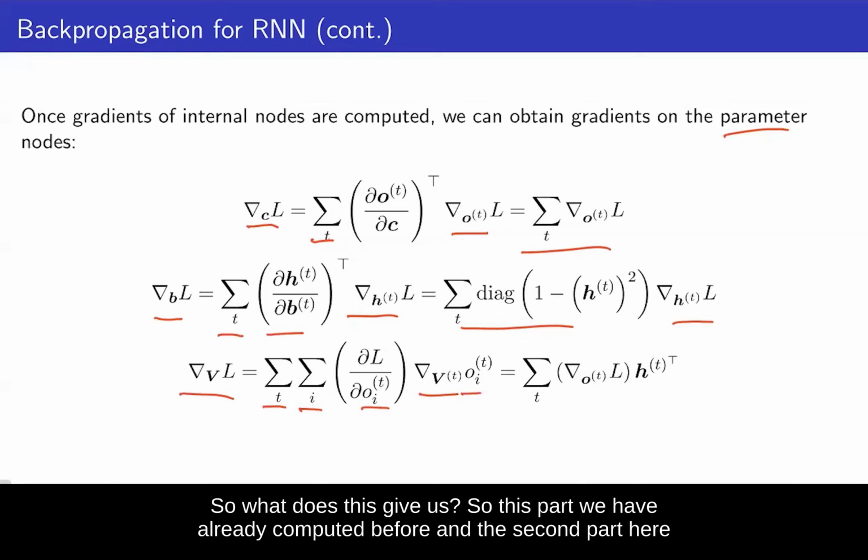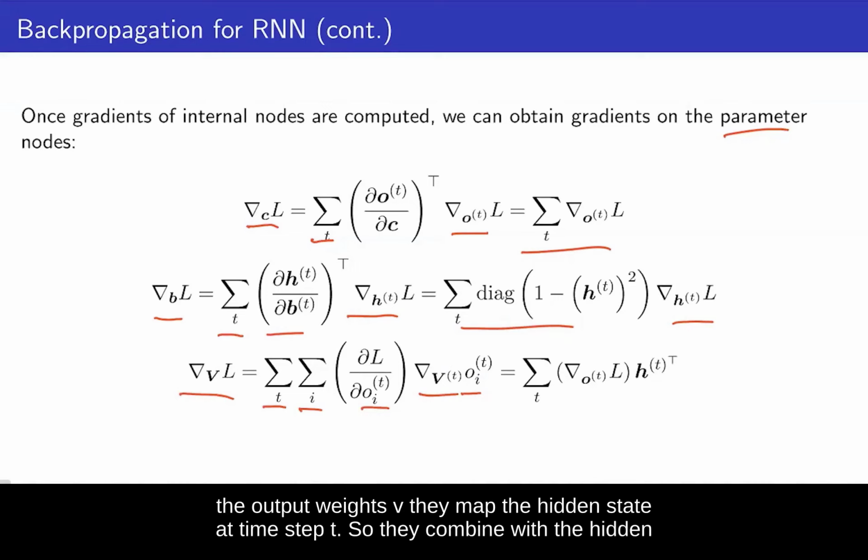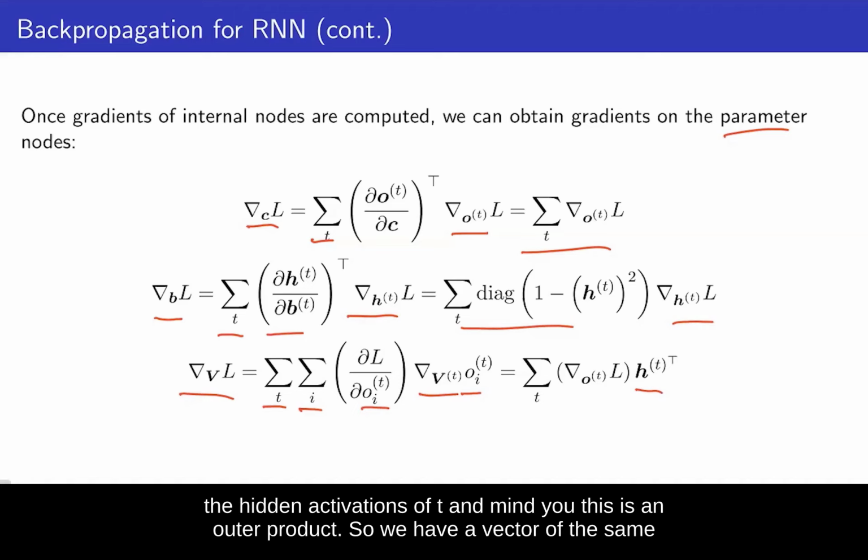So what does this give us? So this part we have already computed before, and the second part here, the output weights, they map the hidden state at time step t. So they combine with the hidden activations at time step t to form O. Because of that, if we derive this with respect to V, we get the hidden activations of t.